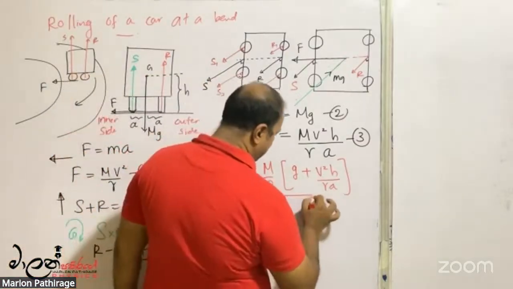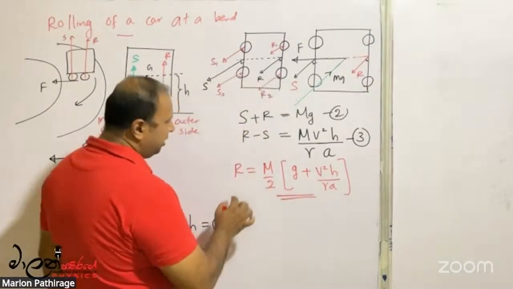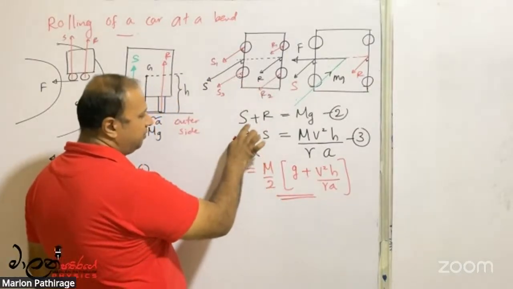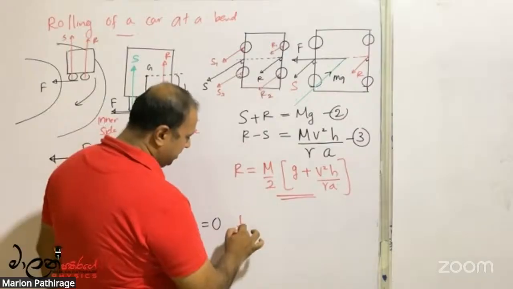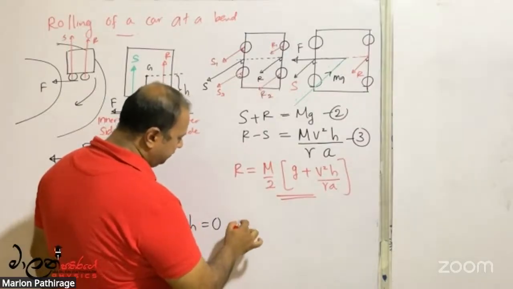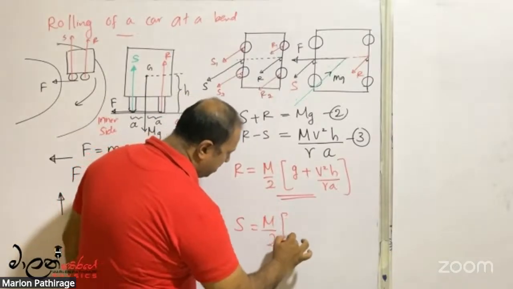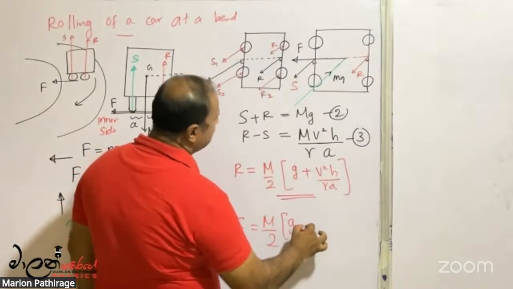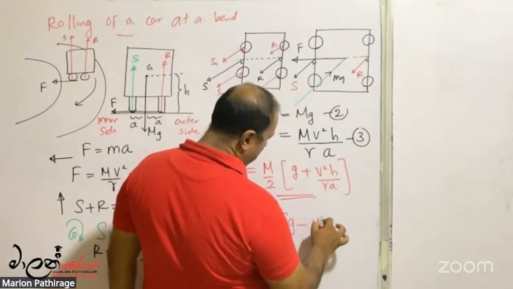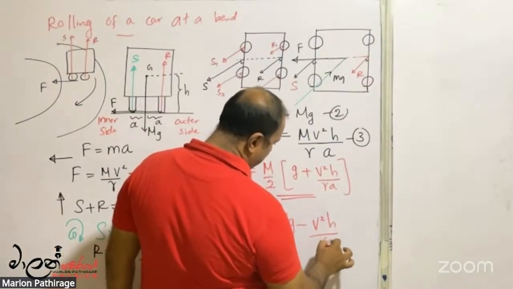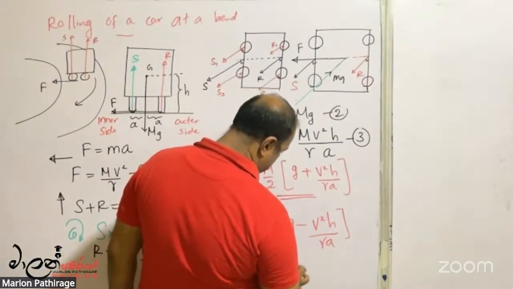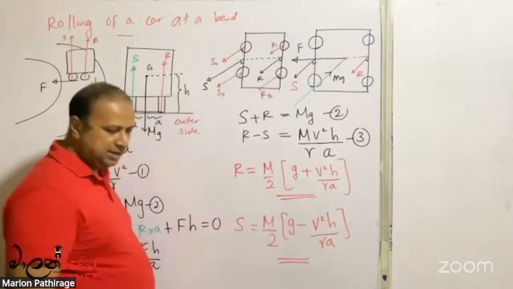This is R. Then if I subtract this one from this, S is equal to M over 2 times g minus V squared H over R. This is S. Is that clear?